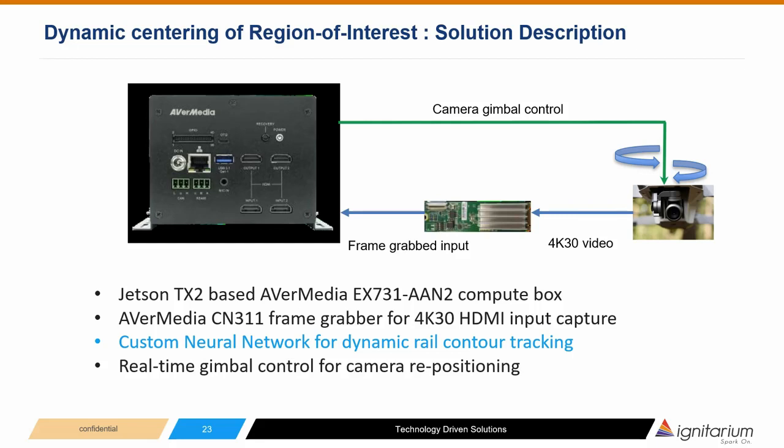We chose the AVerMedia EX731 box PC since it packed everything we required for the application in a very low weight and volume form factor, from the HDMI frame grabber to the TX2 module to SSD storage to HDMI output for displaying the final results on screen.